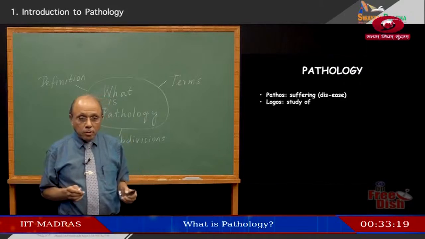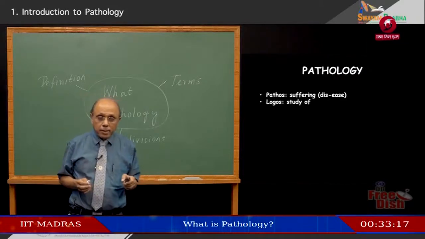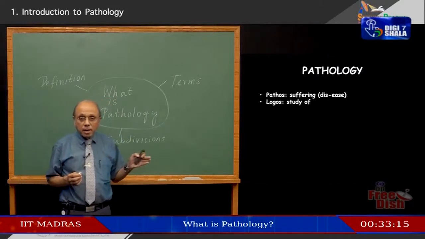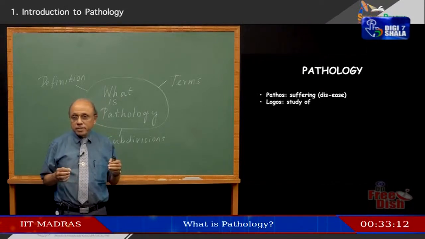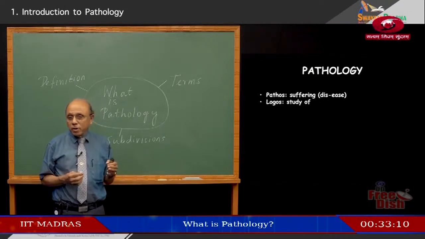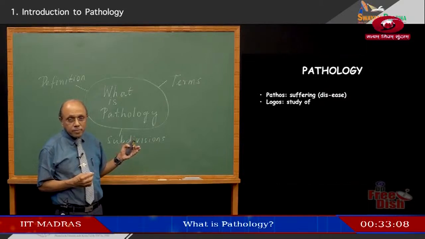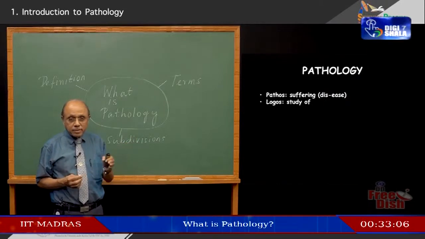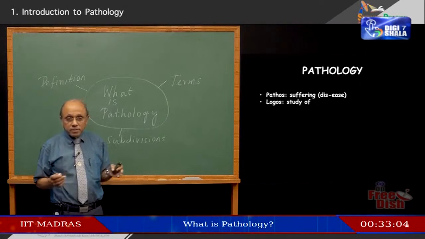So, logos means study of and pathos means disease. So, the study of suffering, the study of disease, when one is not at ease, that is disease, and that is what we study.